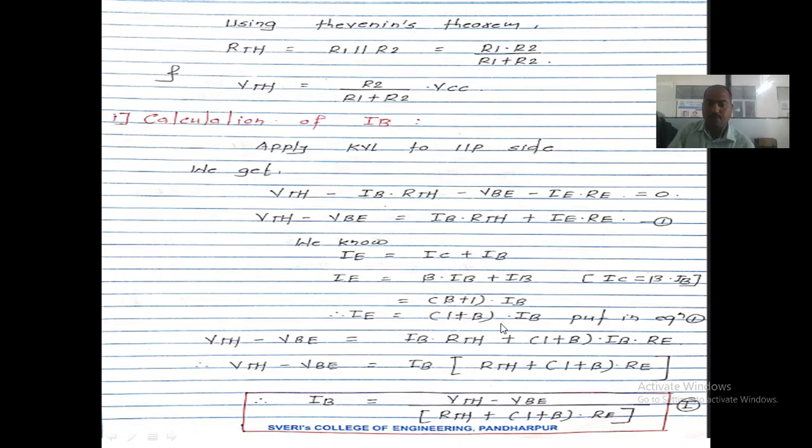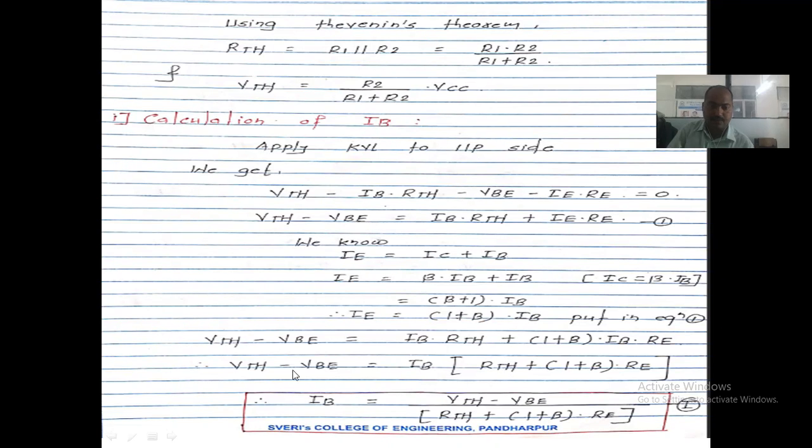So we have to put this value of IE in this equation. So VTH minus VB as it is, IB into RTH as it is, and for IE we put 1 plus beta into IB, and RE as it is.